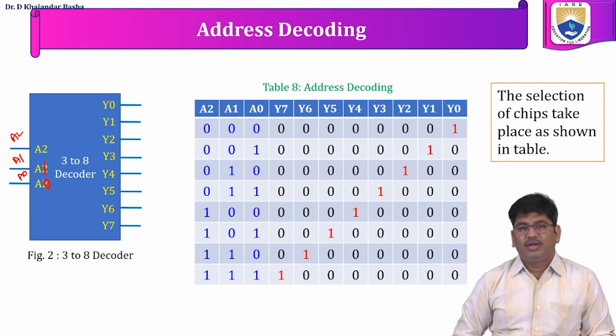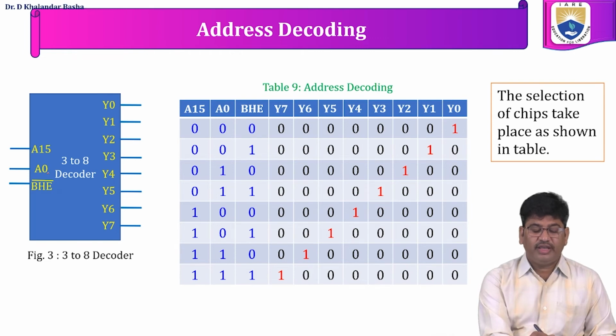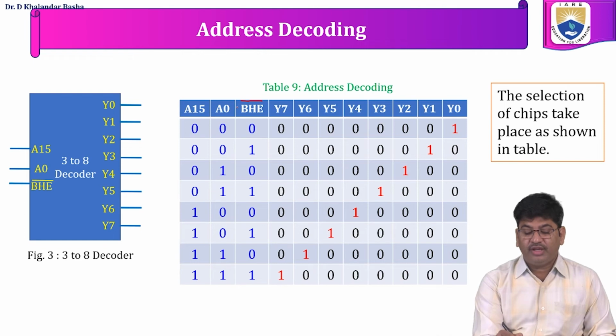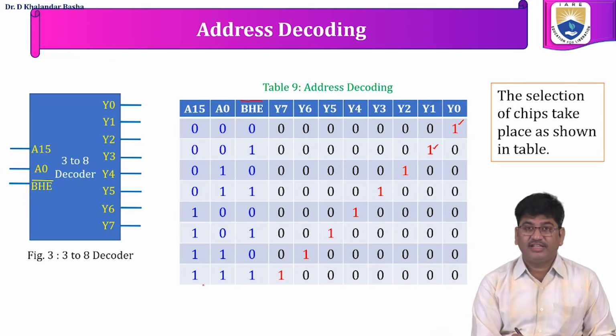Now coming to the interface decoder, which is based upon the lines A15, A0 and BHE bar. When A15, A0, BHE bar are 000, Y0 will be enabled. For 001, Y1 will be enabled, and like this, for 111, Y7 will be enabled.